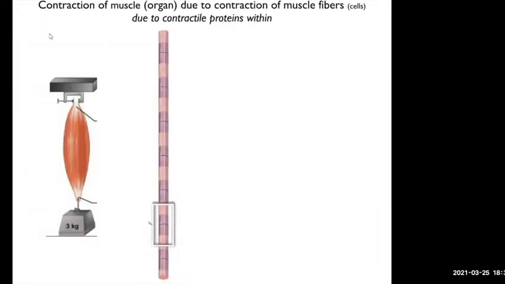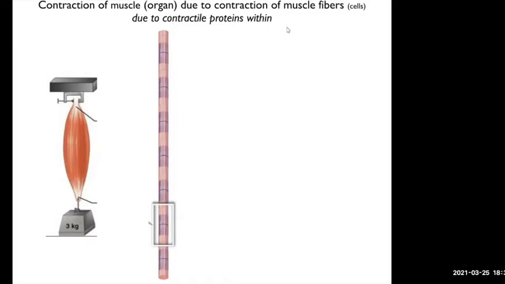So when I talked about contractility, what I mean is that the muscles are shortening, and the whole muscle is going to shorten. That shortening is going to be due to contraction of the myofibers or muscle fibers, the cells that make up the muscle tissue, because those muscle cells themselves are going to get shorter.